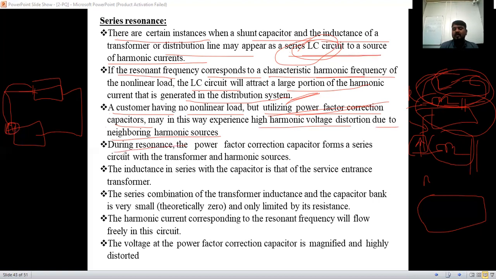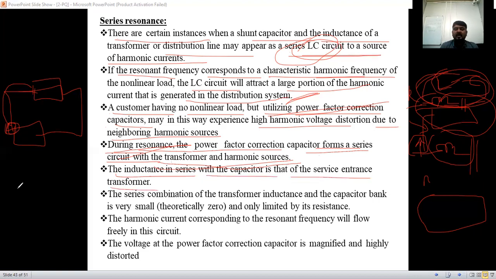During the resonance, what will happen? During the resonance, the power factor correction capacitor forms a series circuit with the transformer and harmonic sources. The inductance in series with the capacitor is that of the service entrance transformer.